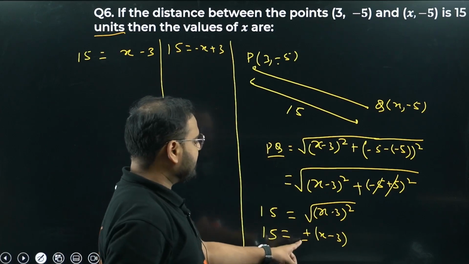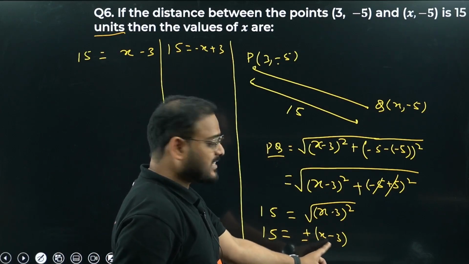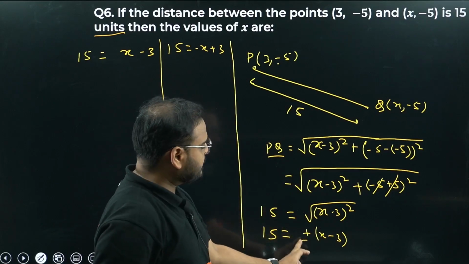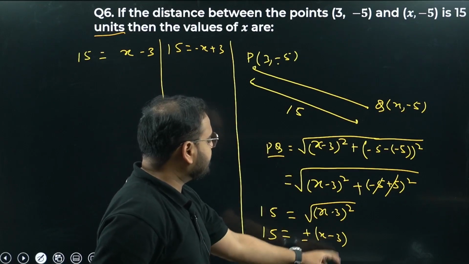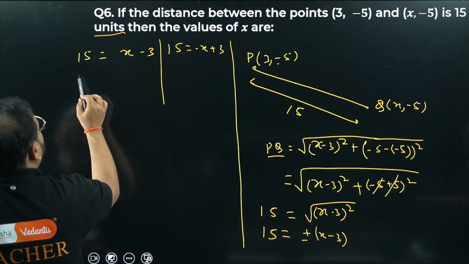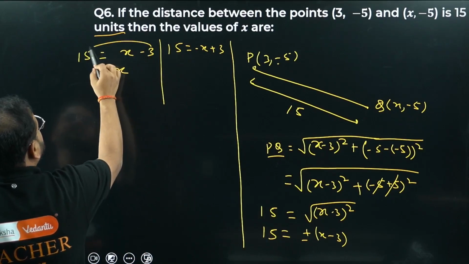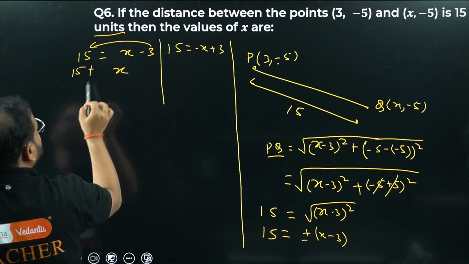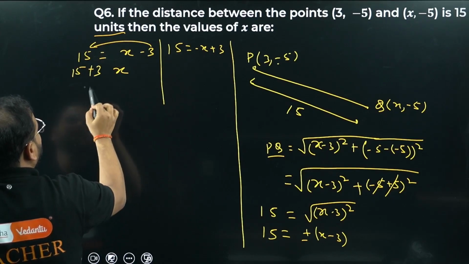Correct, right? Plus minus is there, no? If I take minus, then minus of x will be minus x and minus of 3 will be plus 3. Now please consider over here: I bring this 3 on this side, 15 plus 3. So I get x as 18.